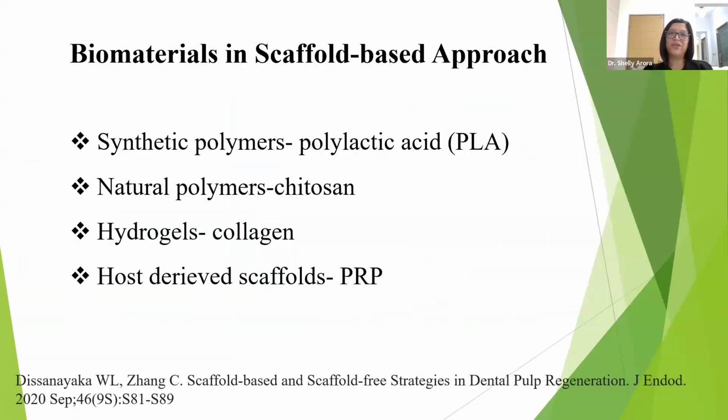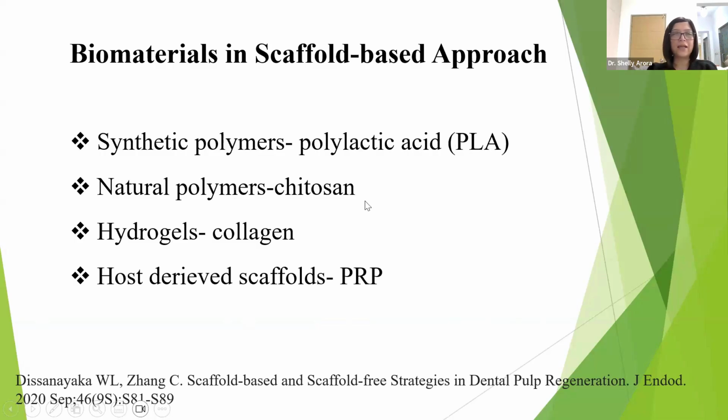Now, what are the various biomaterials used in this scaffold-based approach? I have taken this from this article of Dr. Warren. The materials used are polymers, which can be synthetic and natural. The table in the article is huge, so I'm just putting one example.